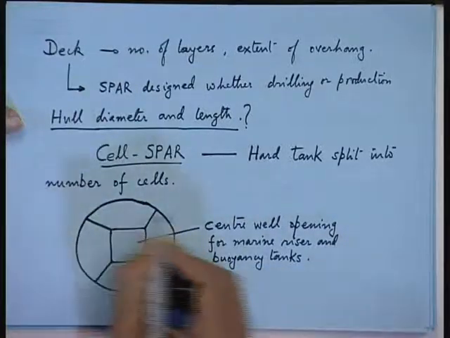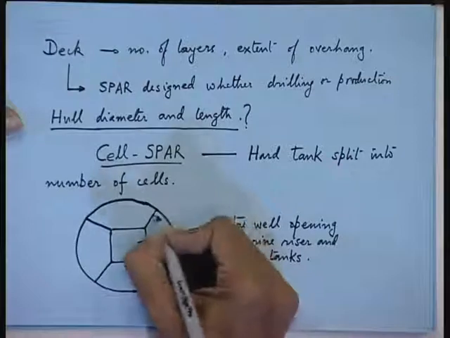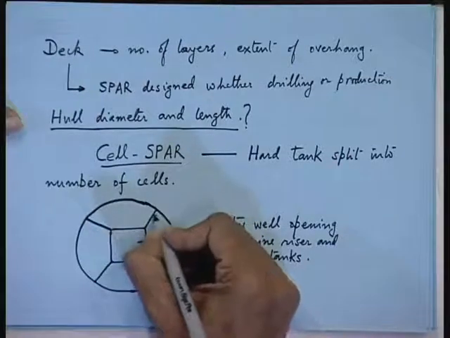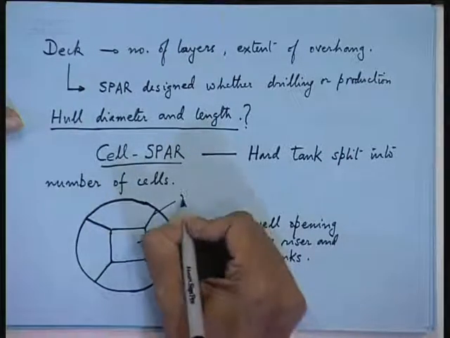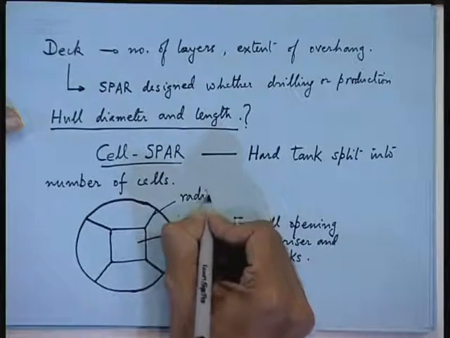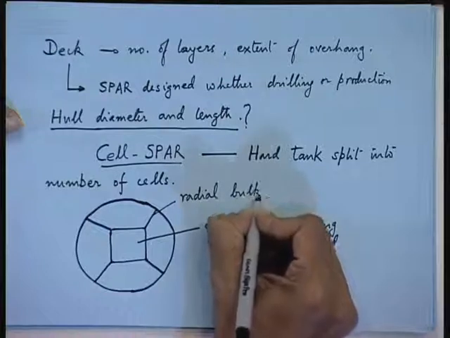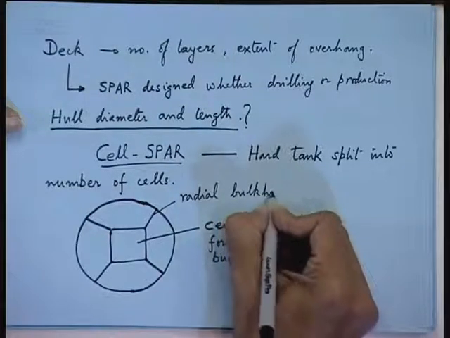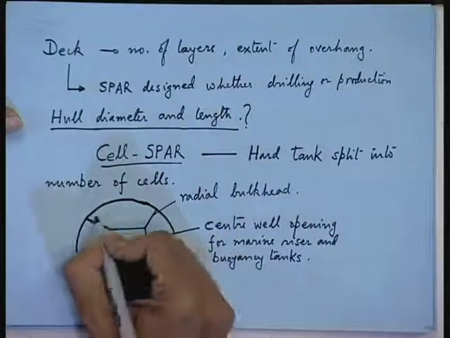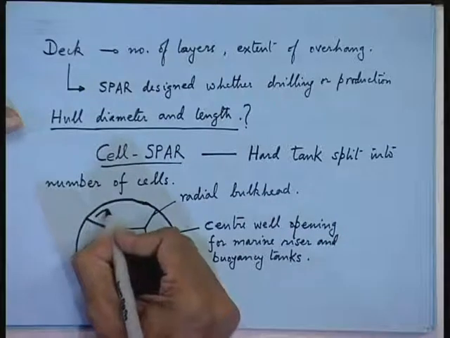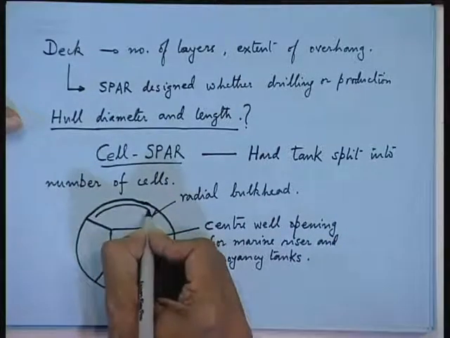Now here you give support to the center well, this is a radial bulkhead. Here you make the framing. So your framing will look like this.